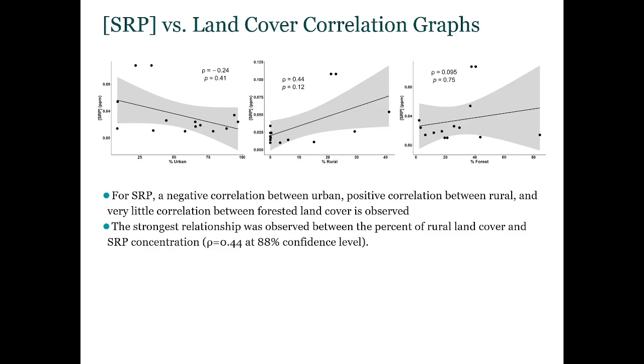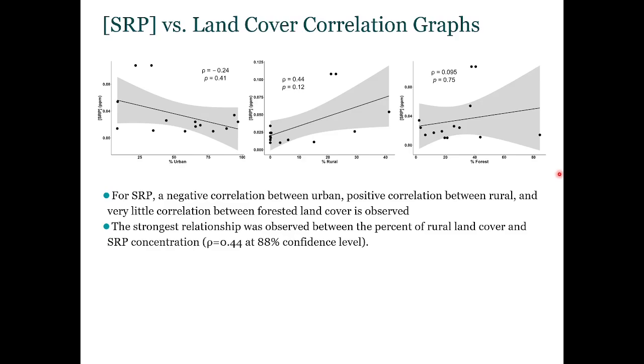Here is a look at those correlation graphs I mentioned prior, where on the y-axis of each of these figures is the concentration of SRP in ppm, or parts per million. And on the x-axis, we're seeing the percent, first the percent of urban land cover, next rural land cover, and forested land cover.